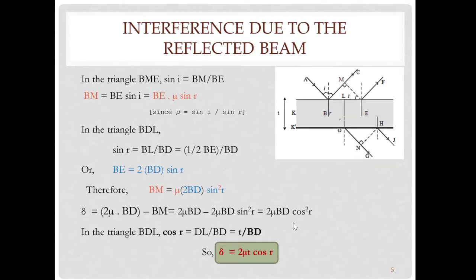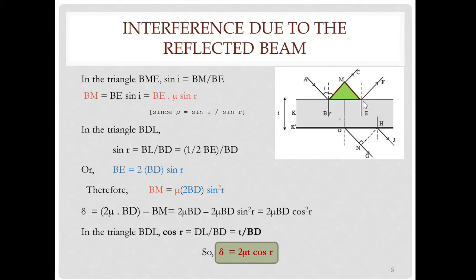For this, we consider the triangle BME. Here the sine of the angle of incidence, sin i, is BM by BE, or BM is BE sin i. Or we can write BE into mu times sin r, since mu is sin i by sin r, the Snell's law.